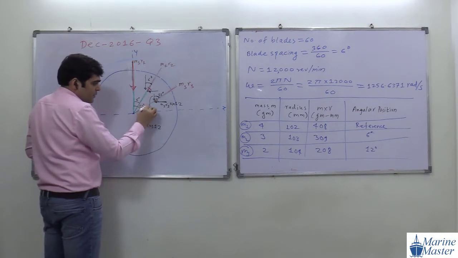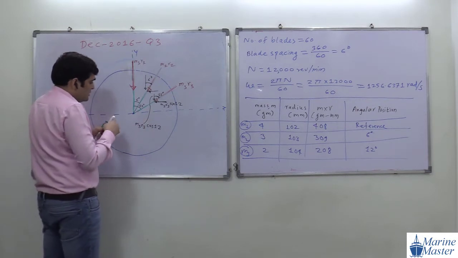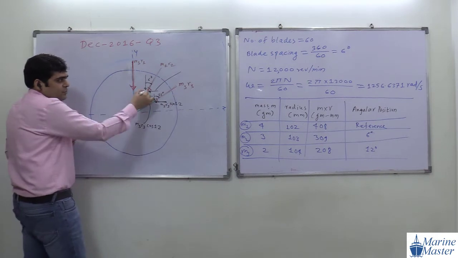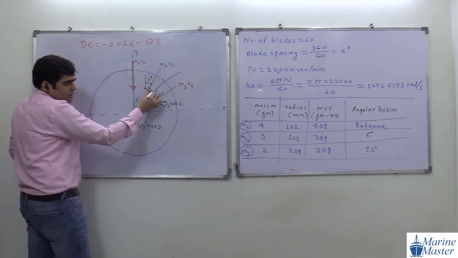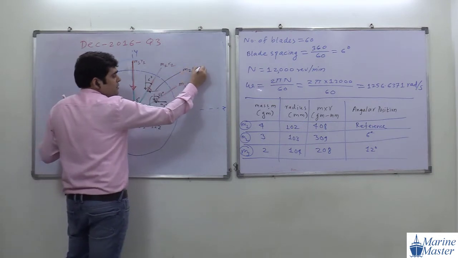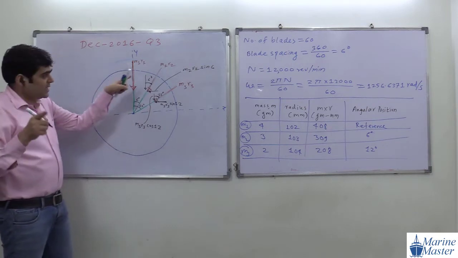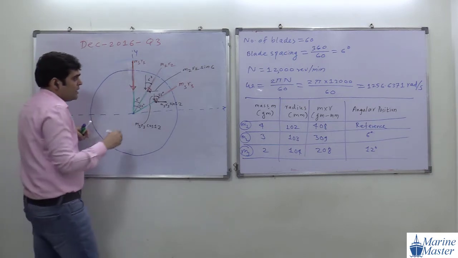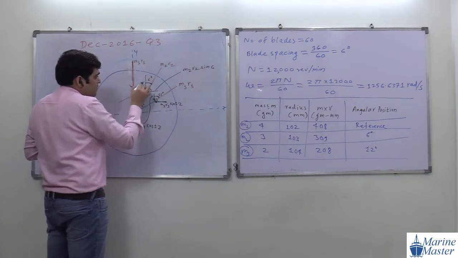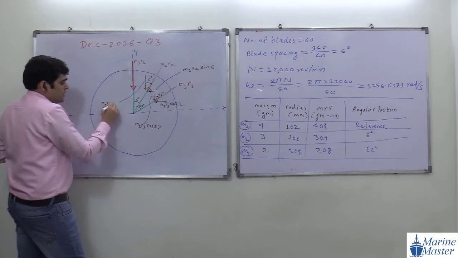Okay guys, are you getting my point? How is this cos 12 coming? Any doubt in this discussion? Then what will this component of M2 R2 be? With respect to the 6 degree angle, that will become cos and the other, opposite one will become sine. And what about this component? Cos 6.